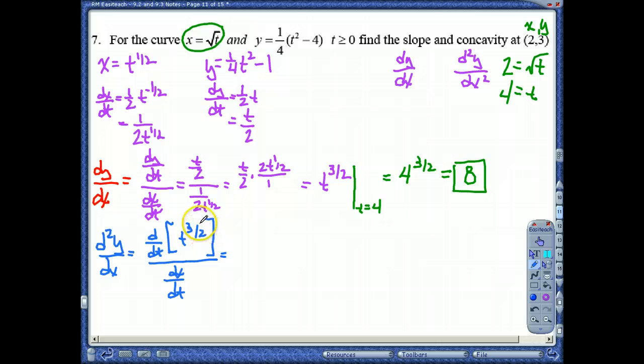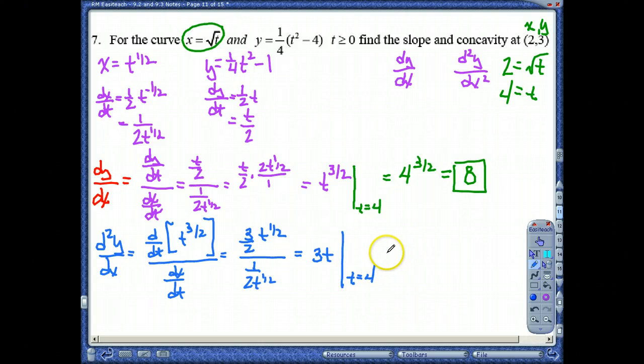When I take the derivative of t to the 3/2, that's going to be 3/2 times t to the 1/2 power, all over dx over dt, which is 1 over 2t to the 1/2 power. If I flip and multiply, I get 3t. Then when I evaluate that at that same value, t is still 4, I get 12.